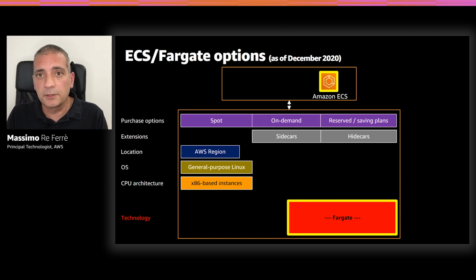It's important to understand, and I wanted to call it out as of December 2020, that these are moving targets. As we move forward, we will fix these holes and we will provide more options for Fargate, for example.